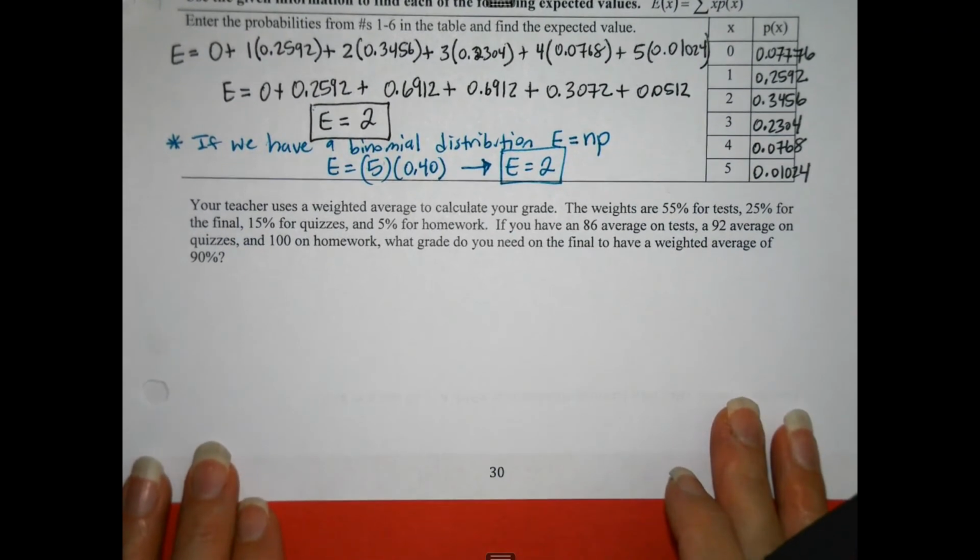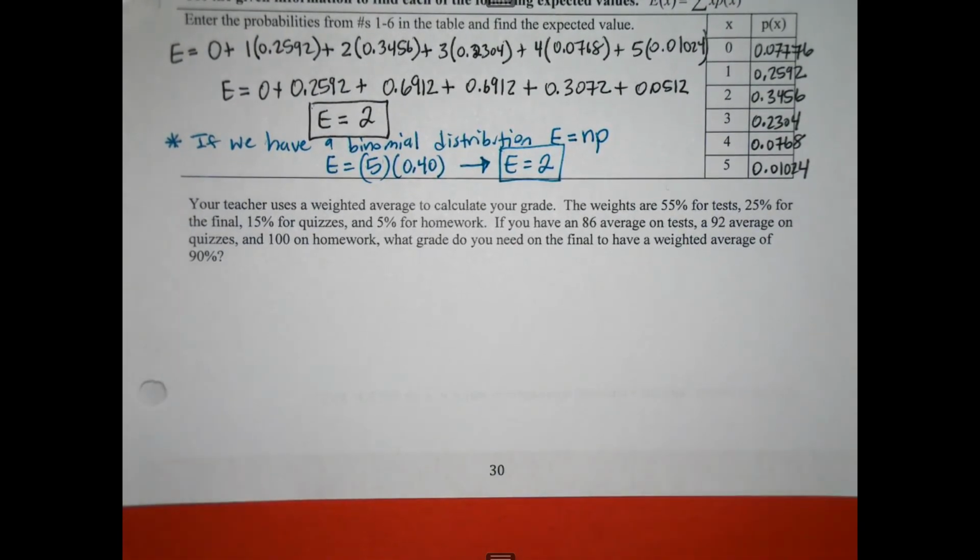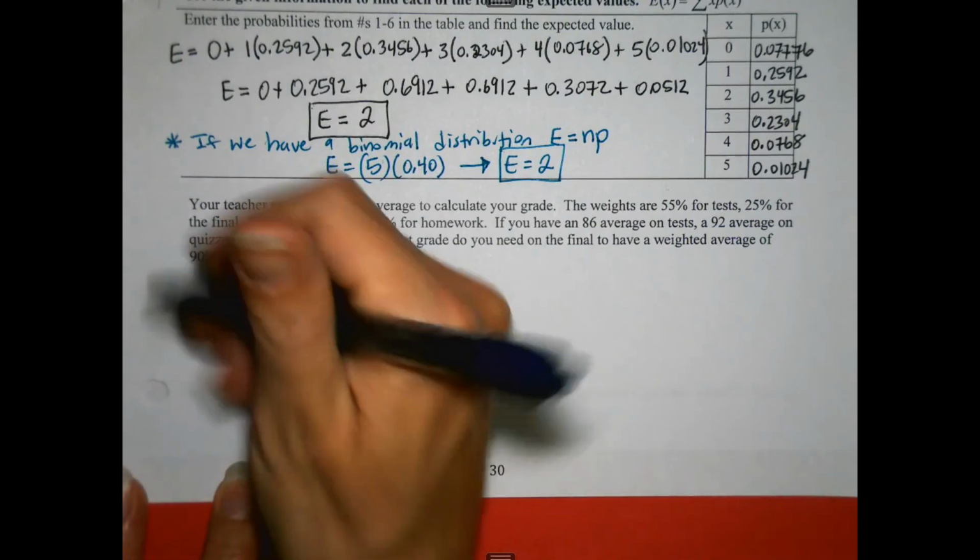Our next example down here, your teacher uses a weighted average to calculate your grade. The weights are 55% for tests, 25% for the final, 15% for quizzes, and 5% for homework. If you have an 86 average on tests, a 92 average on quizzes, and 100 on homework, what grade do you need on the final to have a weighted average of 90%?